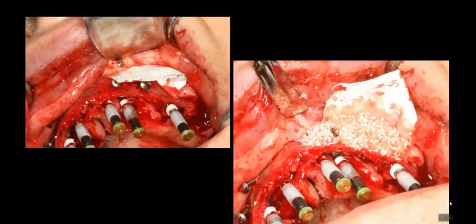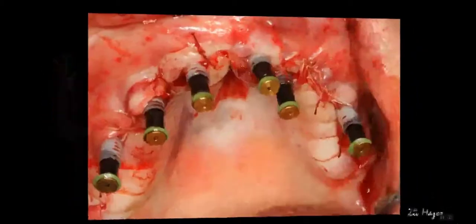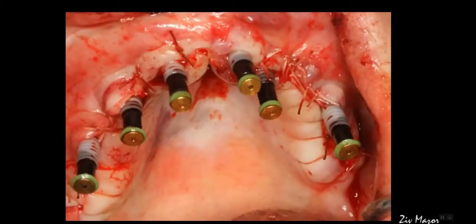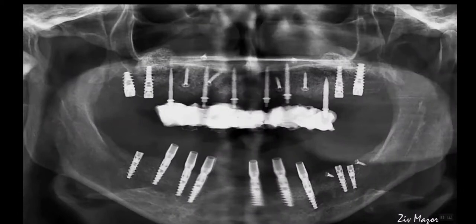And here is the membrane and the graft material, again, same combination and mixture: 50% xenograft, 50% allograft, and PRF. Closing up the tissues, those are the components of the screw-retained temporary restoration. And here is the temporary bridge, which is seated just on those mini implants.